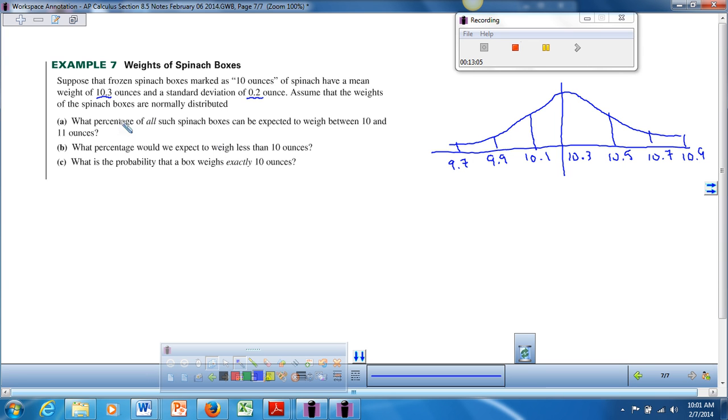What percentage of all such spinach boxes can be expected to weigh between 10 and 11 ounces?